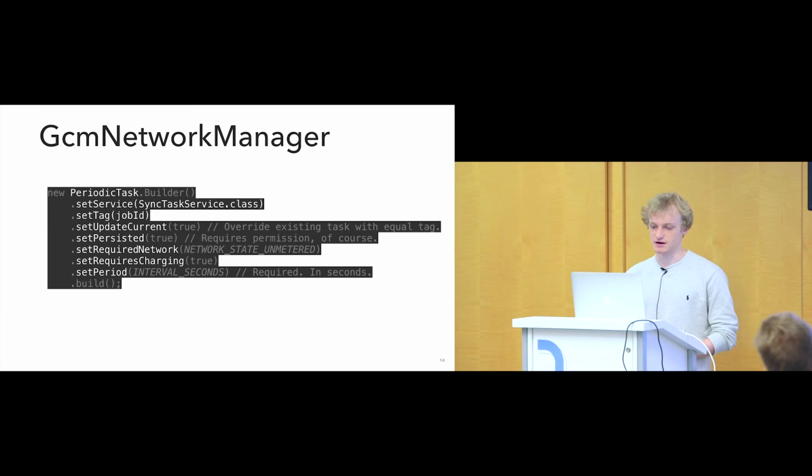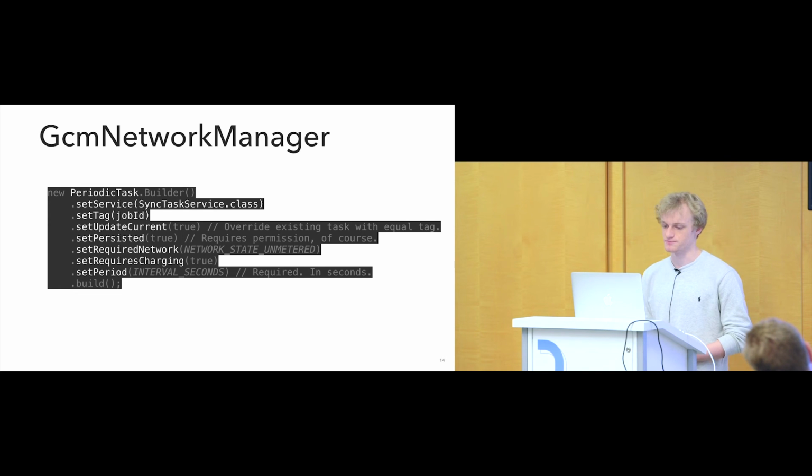You can also set update current, which will override an existing task. It'll pop it out of the queue and then add this task to the queue if it finds the task with the equal tag. Set persisted. Again, want to persist across reboots. You have to have the permission in your manifest.